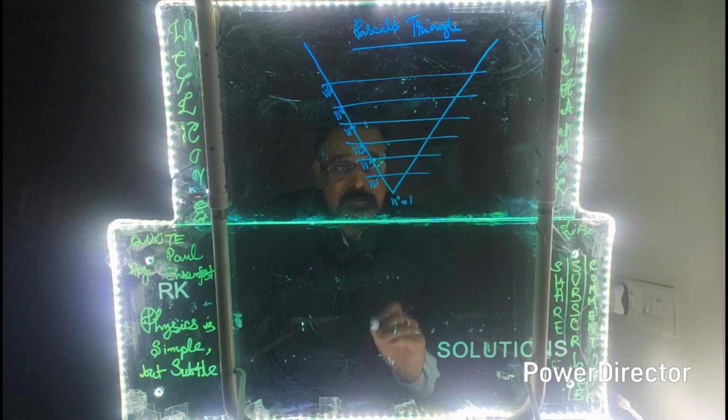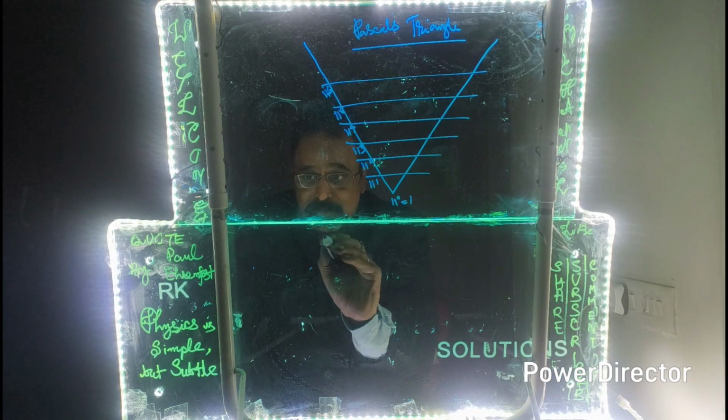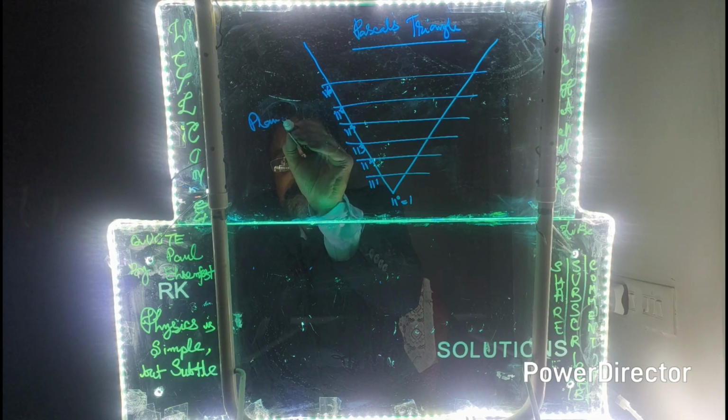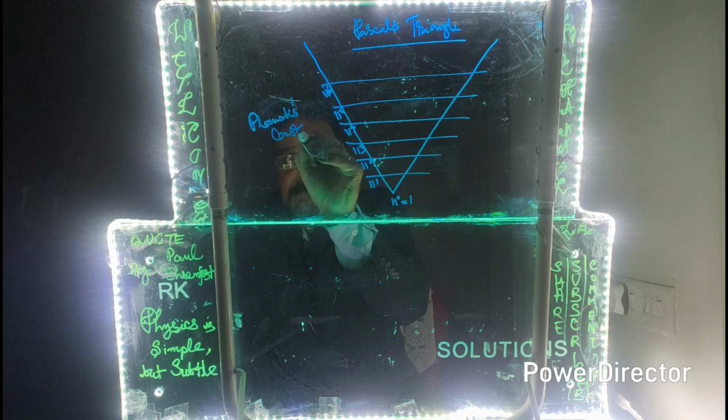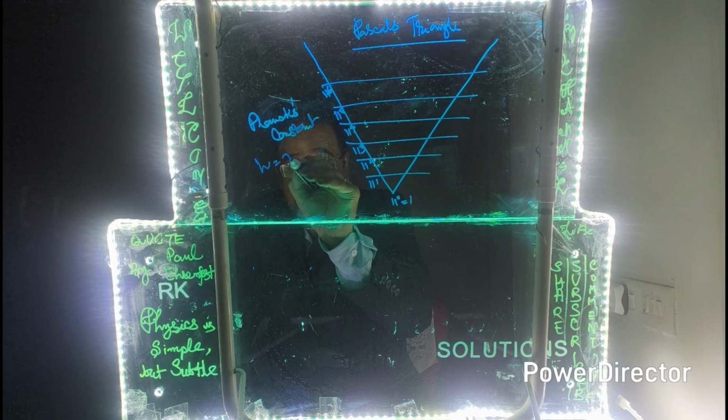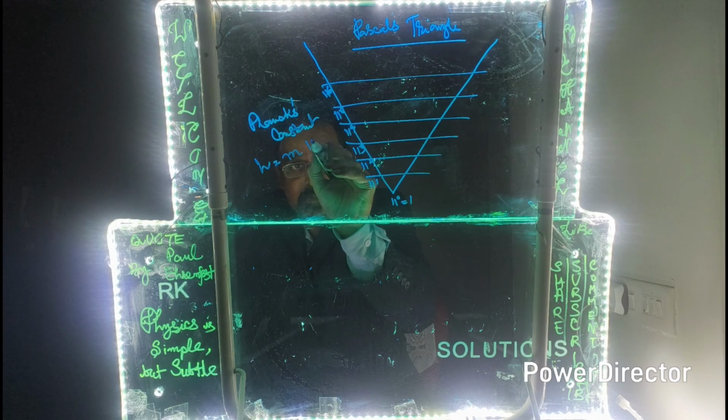And here I told you about my chance discovery that Planck's constant h equals m times 119 by c.